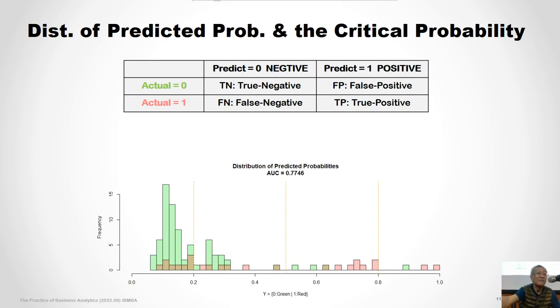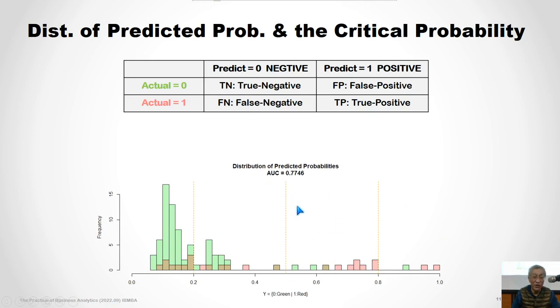After you get the prediction, you know the distribution of probability for the data points where y actually equals 0. This is the green histogram. And the red histogram is the distribution of predicted probability of the data points where y equals 1. So you plot them together, and then you need a cutoff.